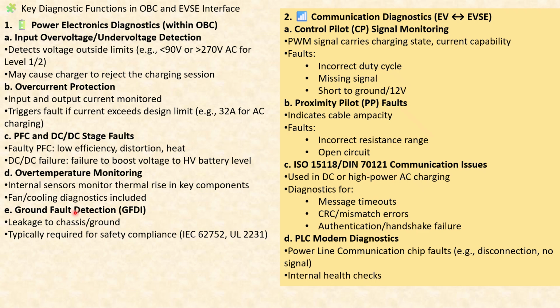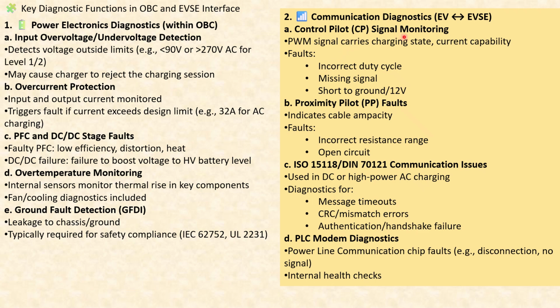Fan and cooling diagnostics are also included, to maintain the required temperature. Now, when it comes to ground fault detection, leakage to chassis ground is typically required for safety compliance as per the standards IEC 62752 and UL 2231.